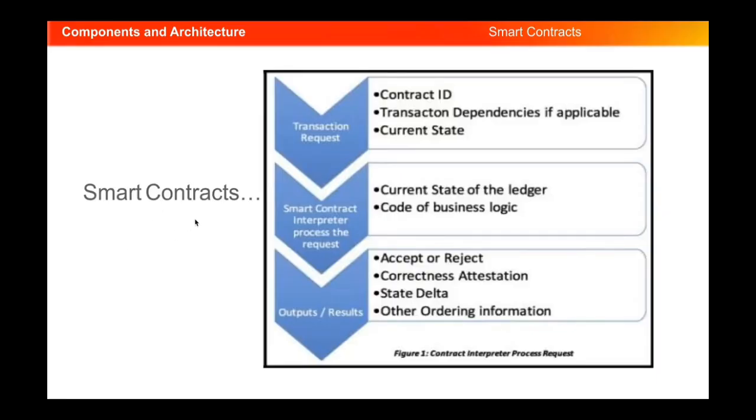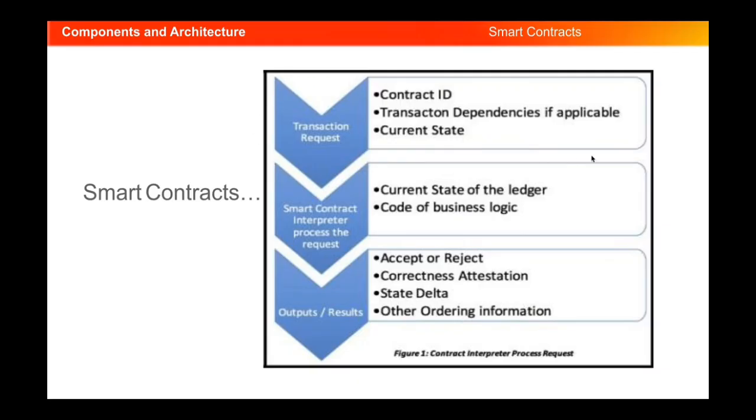Now we will see what process is involved when somebody invokes a transaction. You have a chain code which is deployed on the network. When the transaction request comes, you have the contract ID and the transaction dependencies that are part of that particular transaction, and you also see the current state.